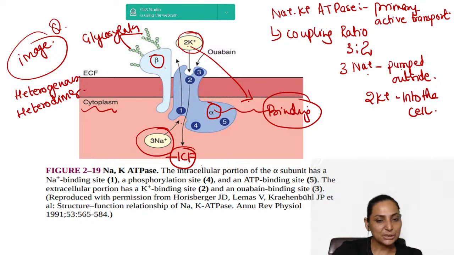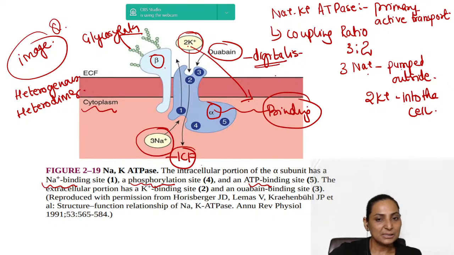For example, on the inside there are binding sites for sodium, the phosphorylation site and the ATP binding site. All of them are present inside. Outside you have sites for binding of potassium and ouabain. This ouabain is nothing but digitalis.